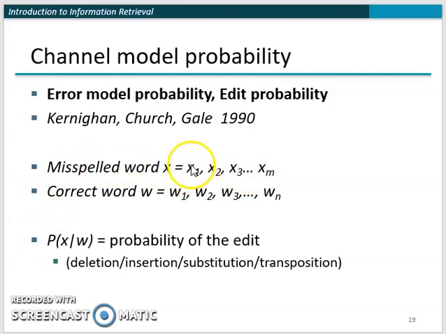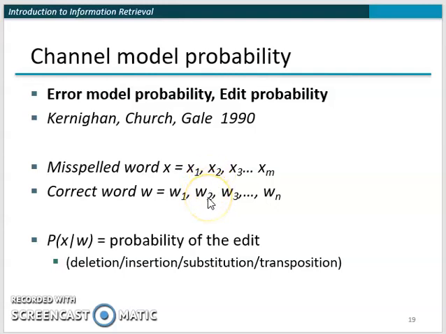These are the characters of this misspelled word X, and we have a candidate word W, and these are the characters of this candidate word W. Now, as we are considering only one edit distance, the candidates which are only one edit distance away from the misspelled word, that means only one of these characters change.